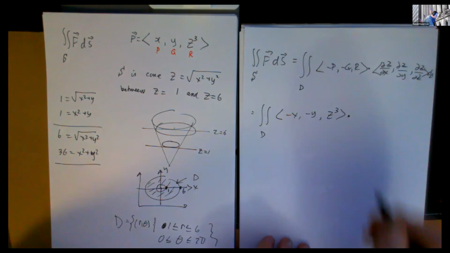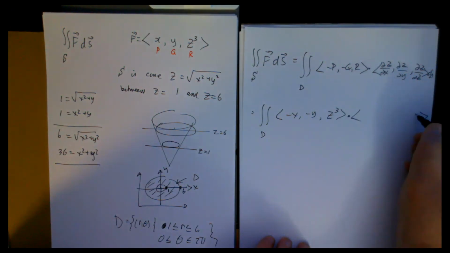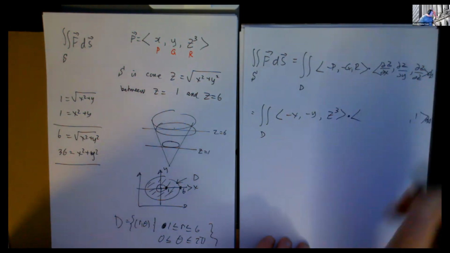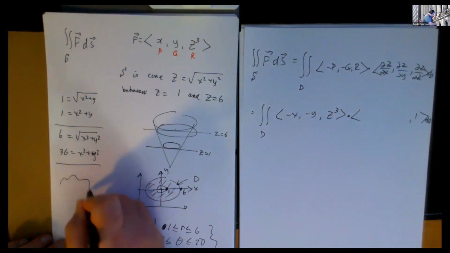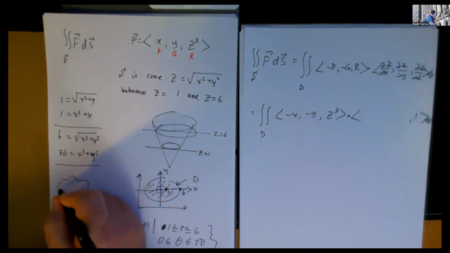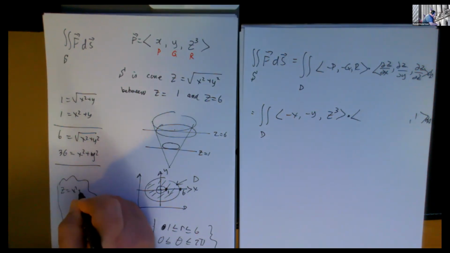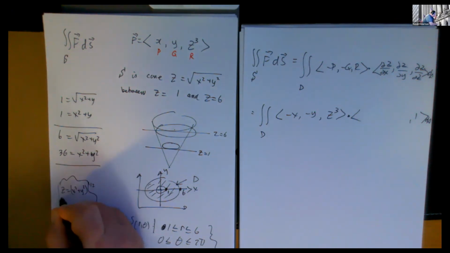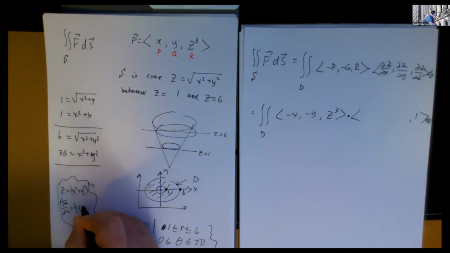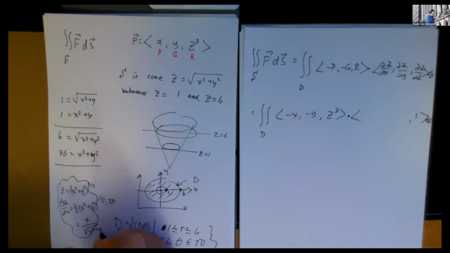So this guy's 1. That's the only easy one. Right. If you take this guy and you differentiate it, I'm going to stick in a little bubble over here. Hopefully I've got enough room for it. It's going to be x squared plus y squared to the half. Its partial derivative with respect to x then is going to be 1/2 x squared plus y squared to the negative 1/2 times 2x, which is eventually going to get me x over the square root of x squared plus y squared.